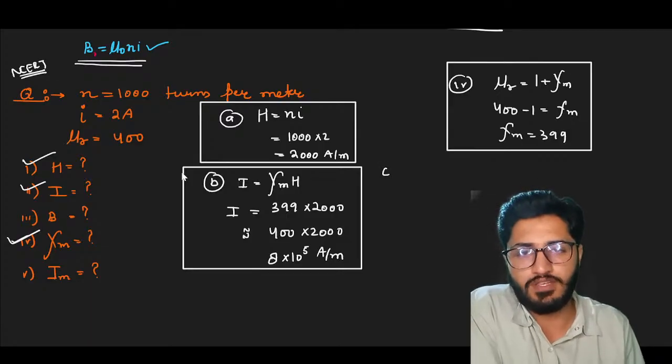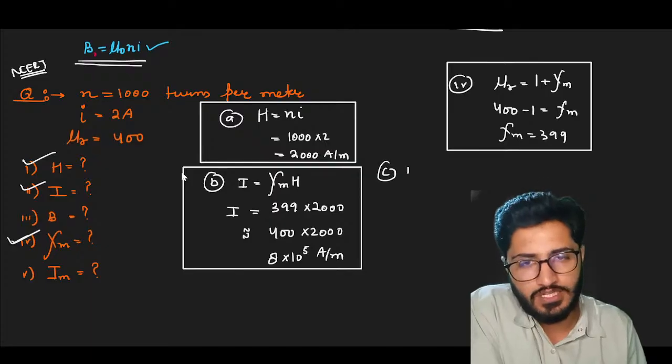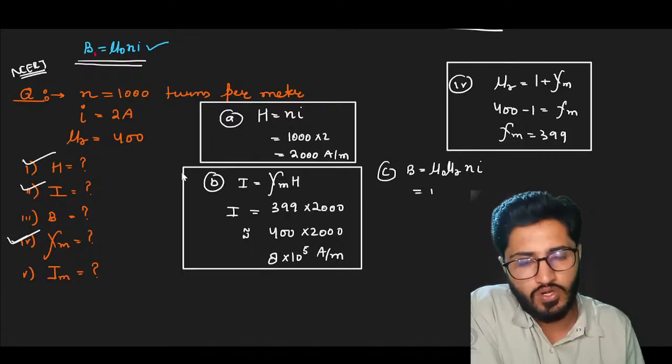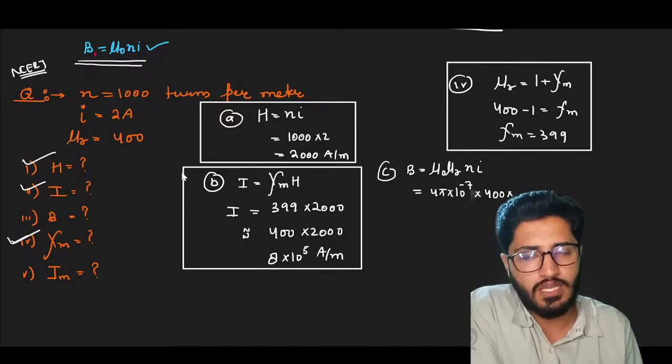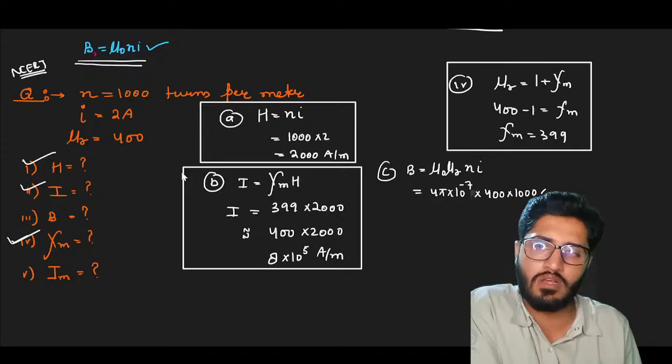It is the third part. So what is B now? B is mu naught, mu R, n times I. Mu naught is 4 pi into 10 to the power minus 7. Mu R is 400. N is 1000. I is 2.